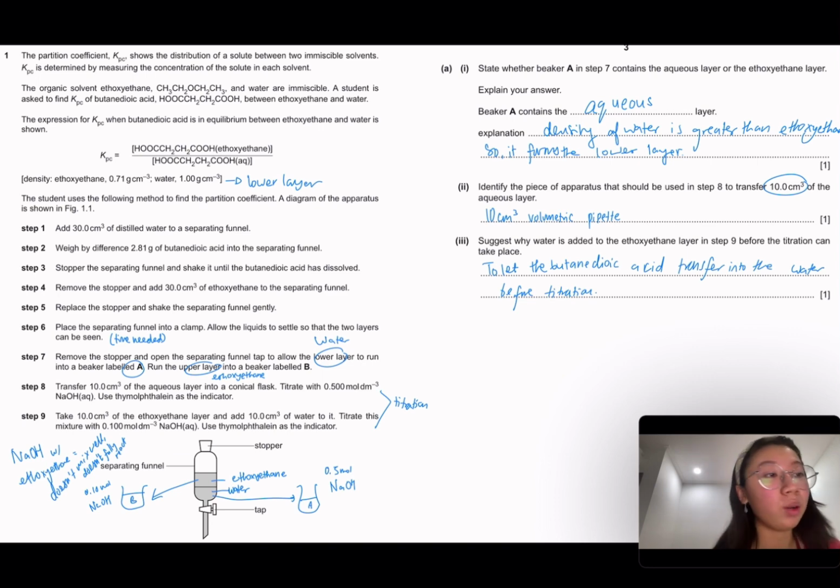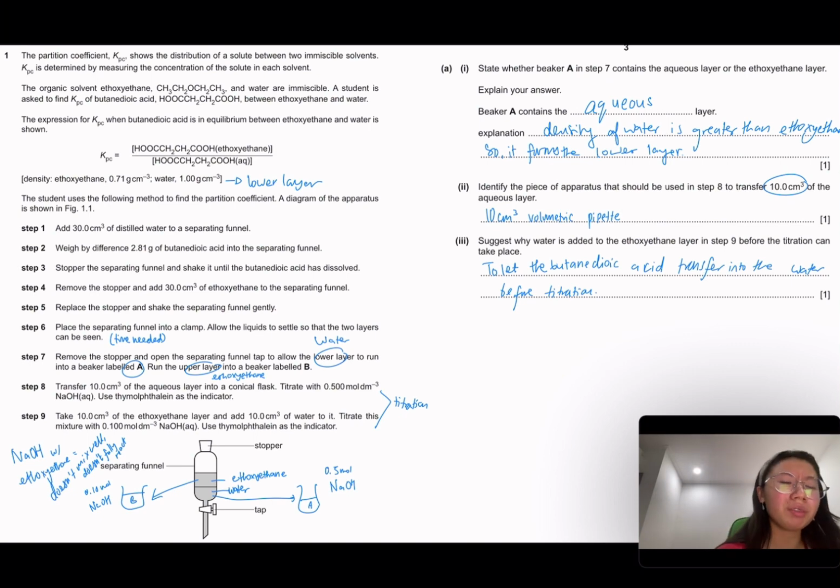Again, they're asking for an exact value, which is why you're not using a measuring cylinder, although it is fast and efficient. It's not accurate, but if you want it to be very accurate, you use a volumetric pipette. Usually they have different labeled volumes, and you're specifically using 10 centimeter cube for this one.